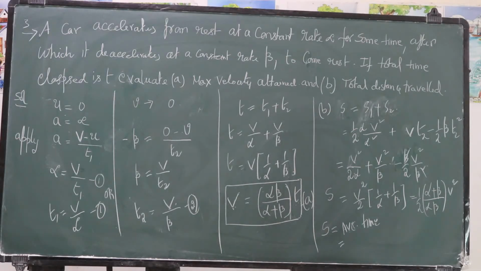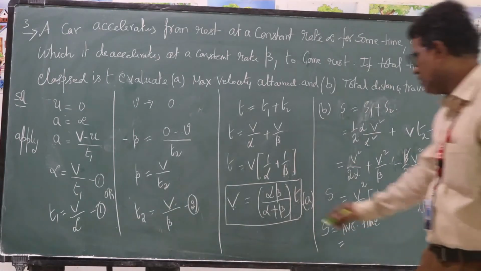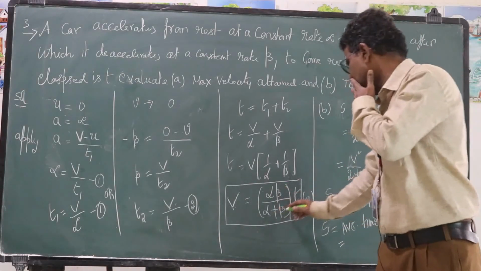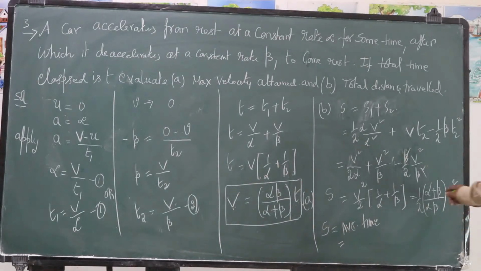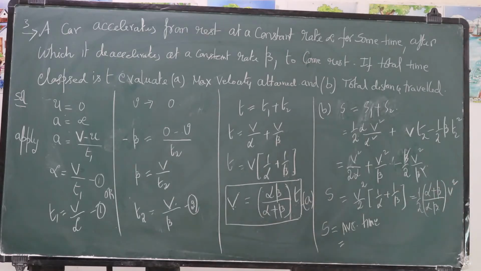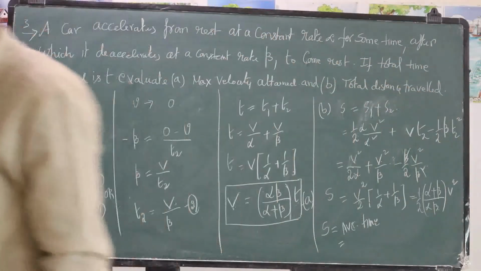We can also write v as alpha beta by alpha plus beta into t.